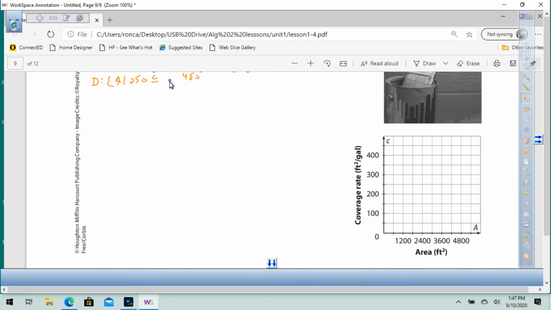All right, and then the range is going to be A, such that, well, 250 times 12 is what? Let's see, we got A equals 12C, so A over 12 equals C.